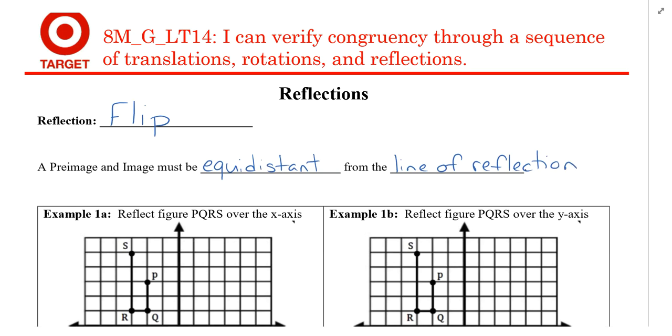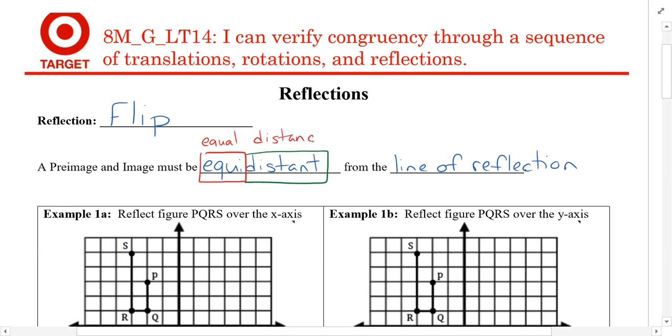If we were to break that down, we have equi, and then we have distant. And all that really means is that the pre-image and the image are an equal distance from that line of reflection.